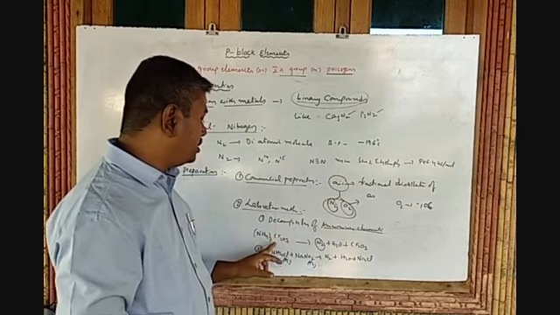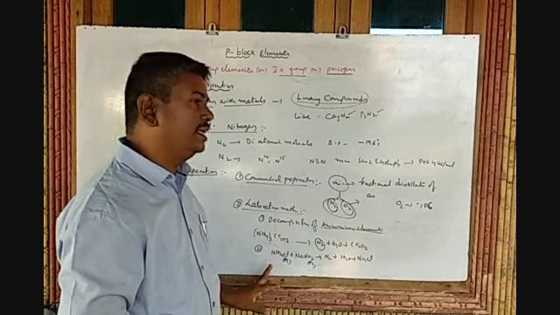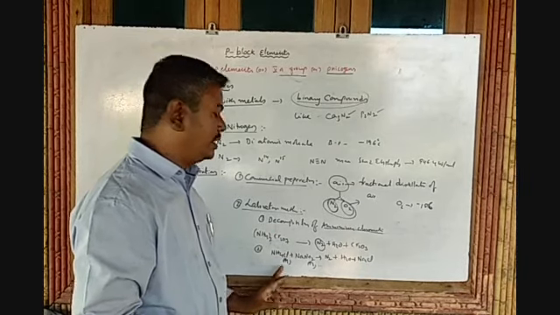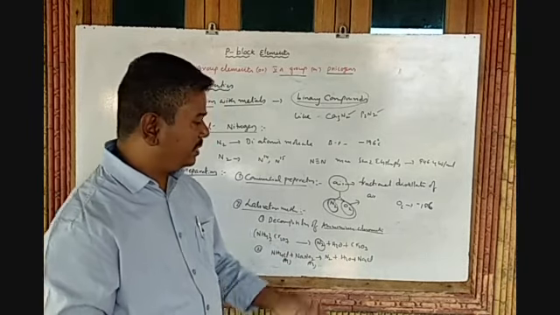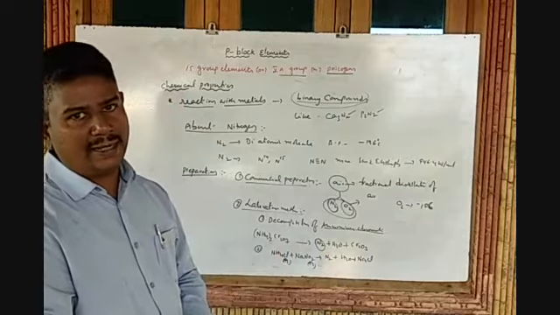The second one is the laboratory method, by decomposition of ammonium chromate and reaction of aqueous ammonium chloride with sodium nitrate, we get nitrogen gas.